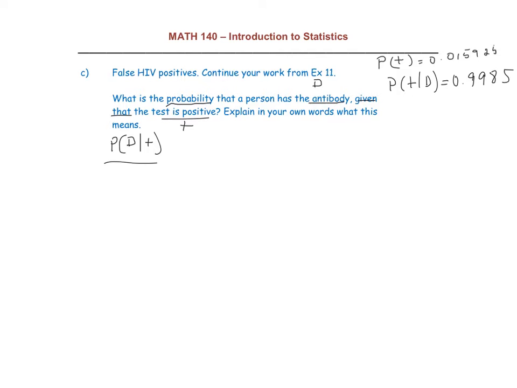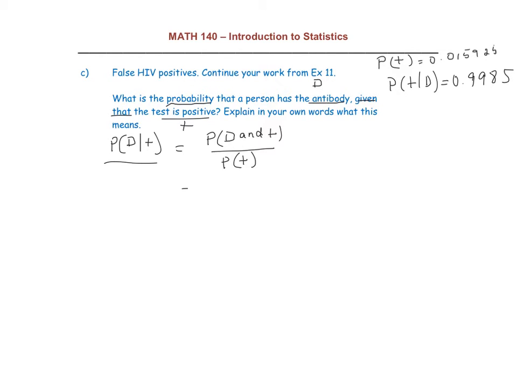So here we'd have to use a form of the multiplication rule, and that is probability of disease and positive divided by probability of the test showing positive.